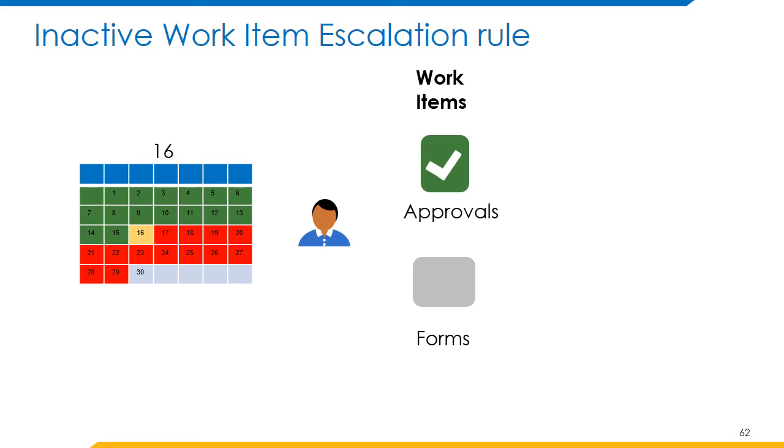This rule helps us escalate the expired work item to some other identity or work group based on the requirement. The only input to this rule is the work item under consideration, and it expects a return value, which is the new owner of this work item.